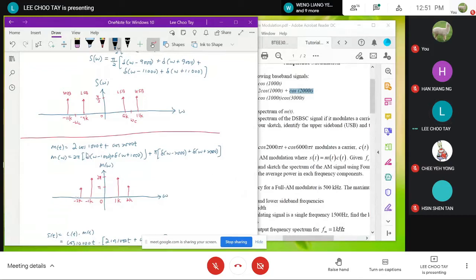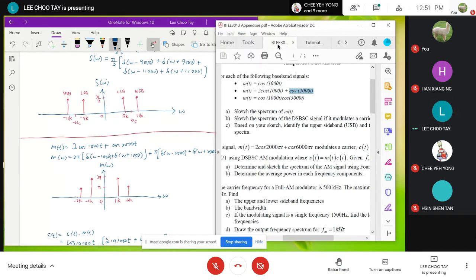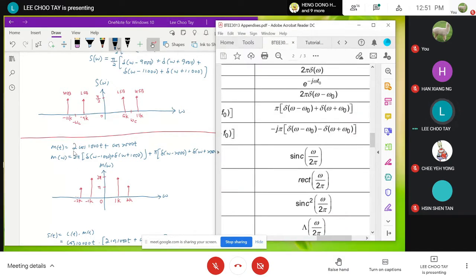For the second baseband signal, which is 2 cosine 1000t plus cosine 2000t, the frequency spectrum is given by 2π, because the amplitude is 2 here, so instead of π it becomes 2π.